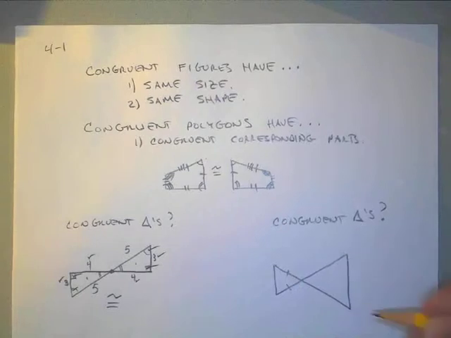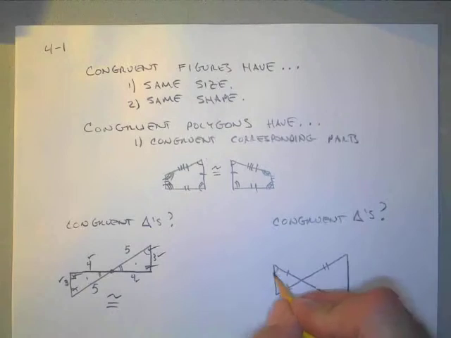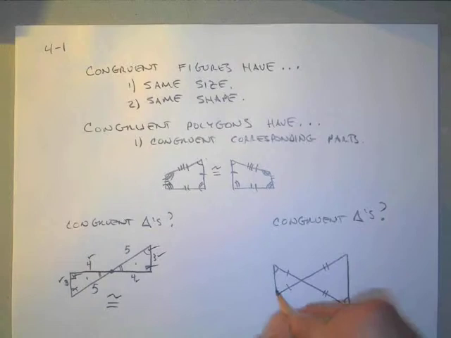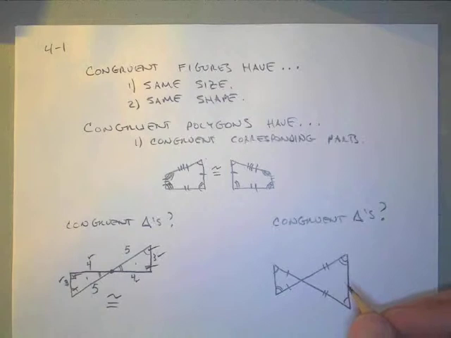Oh, it's not equilateral. That was a mistake on my part. And these two sides are equal. That's what we know. And then this angle and that angle are congruent. And that angle and that angle are congruent. And so with that information, can we determine that the triangles are congruent?